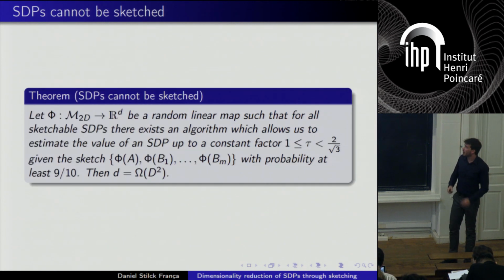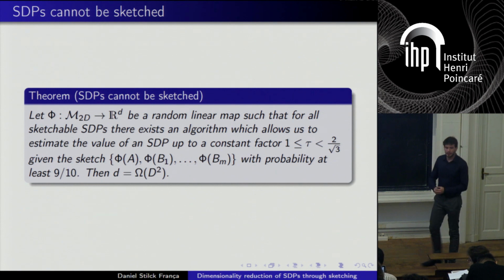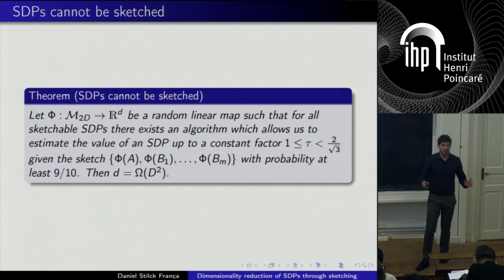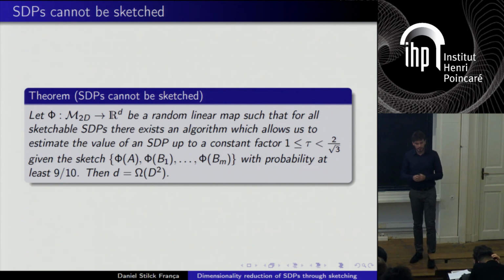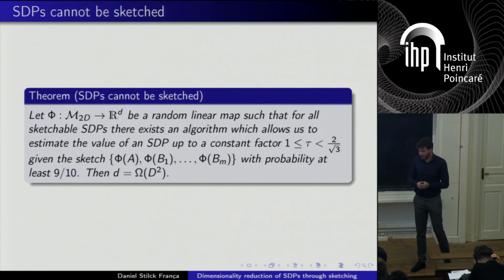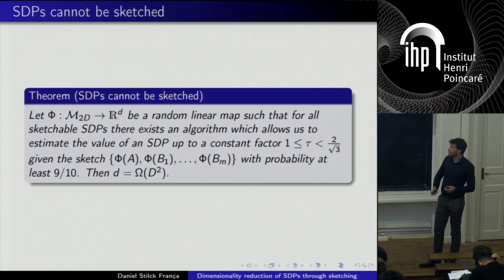Okay, so now the first no-go theorem: this doesn't work. If you want this to work for all SDPs, we can show that the output dimension has to be of the same order as your input dimension, even if you don't want this map phi to be positive, just linear.